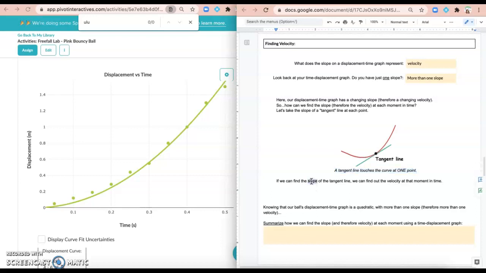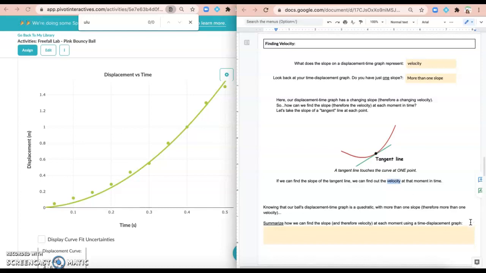So if we could find the slope of the tangent line, and then find the slope of the next tangent line and the next tangent, we can step through the different slopes of the different tangent lines in order to find our velocity at each of those moments. So that's our game plan.